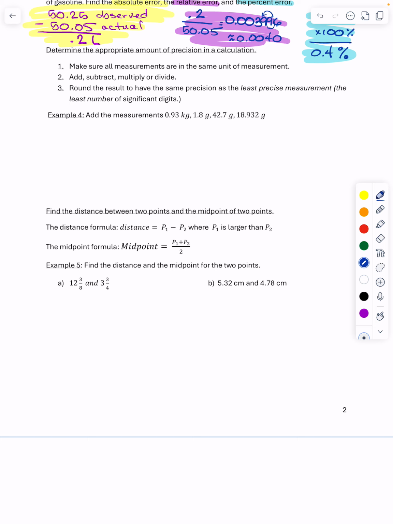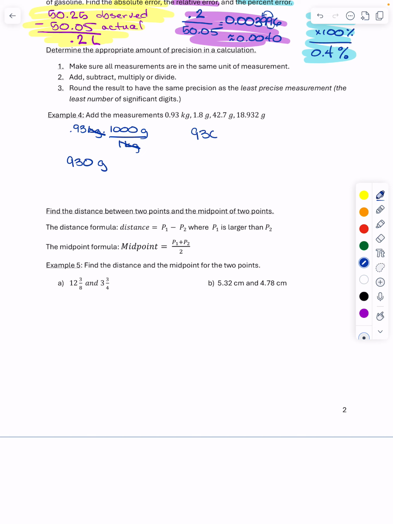That 0.93 kilograms, remember to get from kilograms to grams, we multiply by 1,000. And so when we do that, remember every time we multiply by a 1 with a 0 behind it, we move our decimal 1 place. This makes this 930 grams.